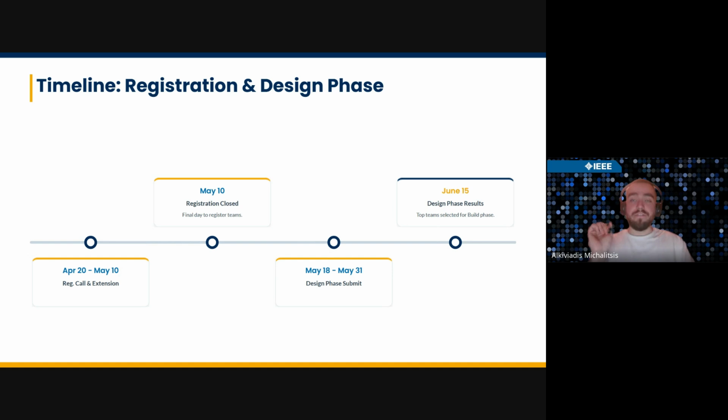After the design phase finalizes and the deadline comes, the judges will evaluate and put scores on your submissions. And on the 15th of June, we will announce to you whether you pass to the build phase of the contest, and thus if you continue to participate in the contest as well.